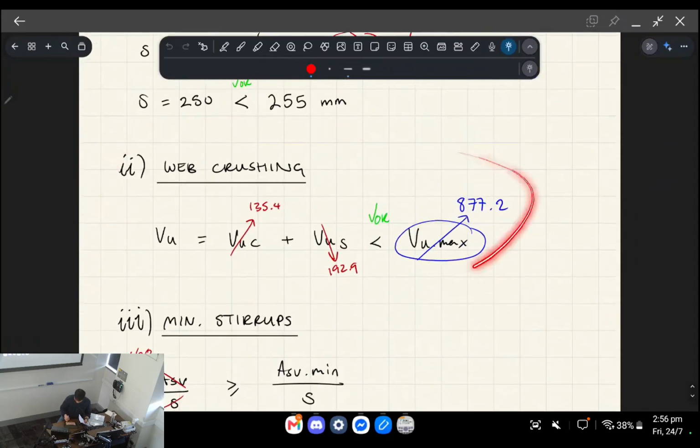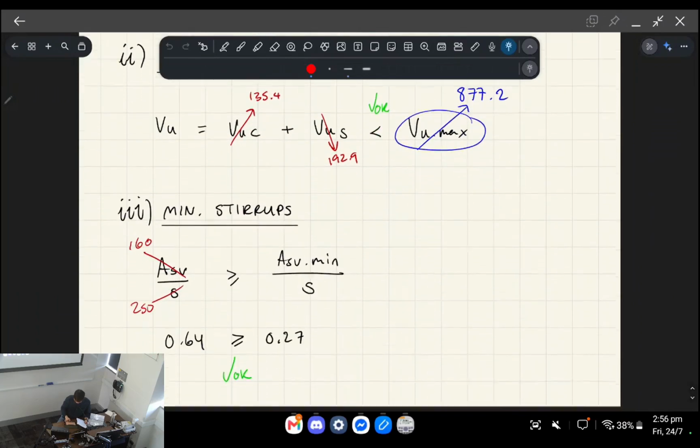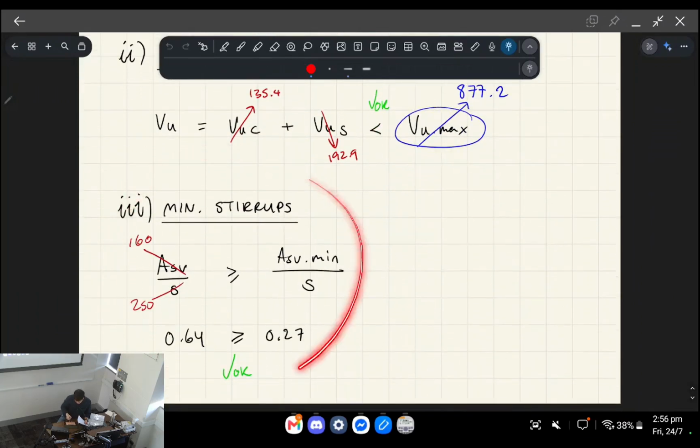The other thing is we need to check for web crushing. The ultimate capacity of the beam, that's the concrete contribution as well as the steel contribution, has to be less than what we calculated for the web crushing failure mode, which was 877.2. And then lastly, we need to check that our minimum stirrup requirement was satisfied.